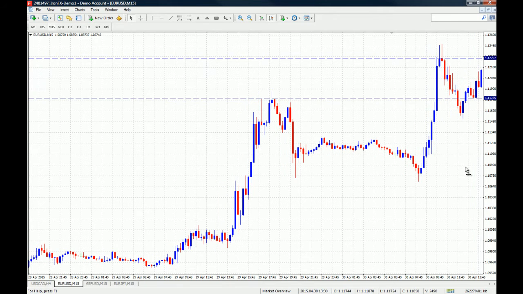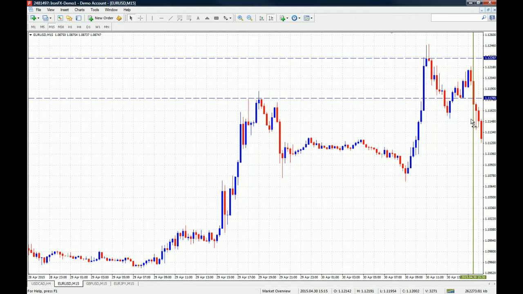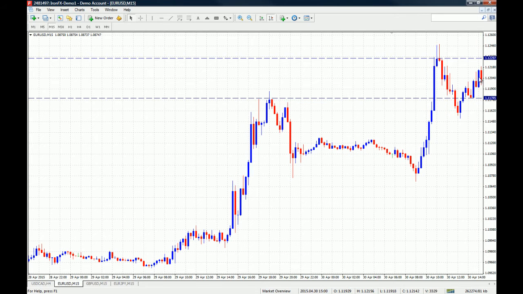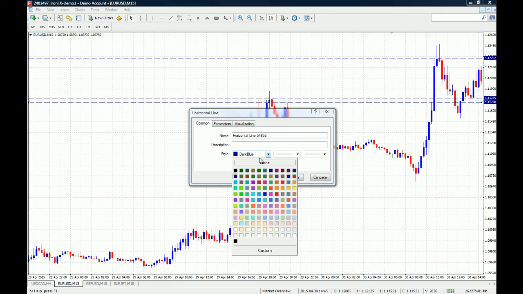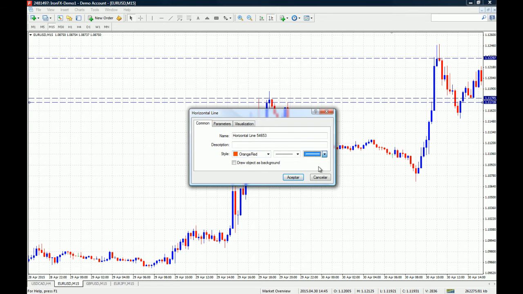These are the levels that we need to break, and price is trading at the time of the release around these levels, so we are okay putting our buy stops and sell stops a few pips below. Let me adjust this and color it red and thicken it up.